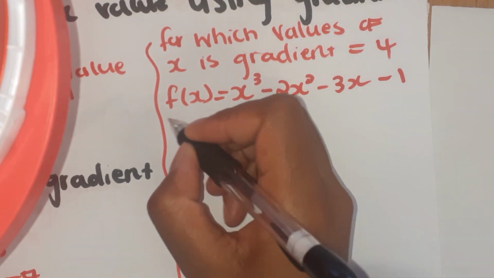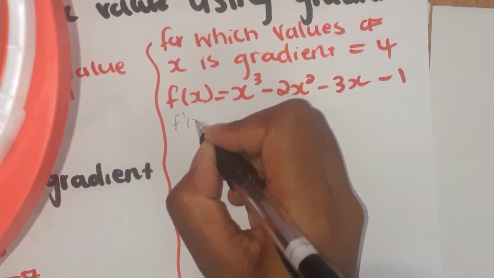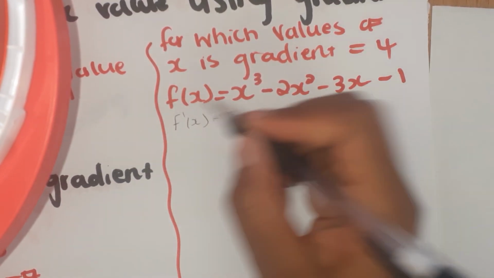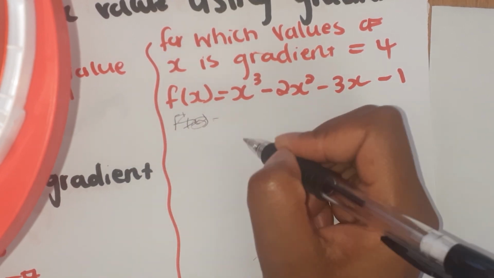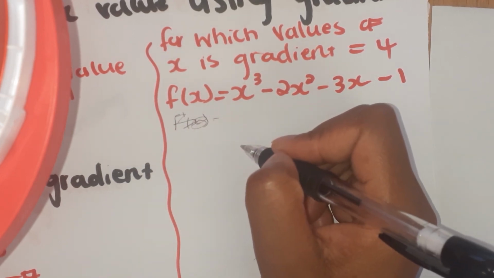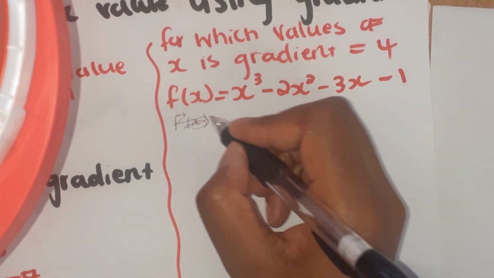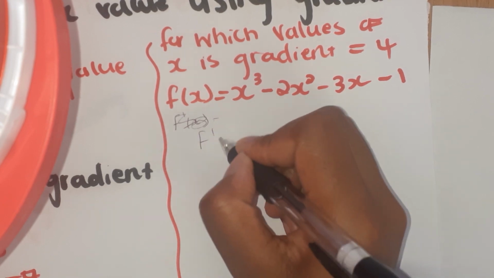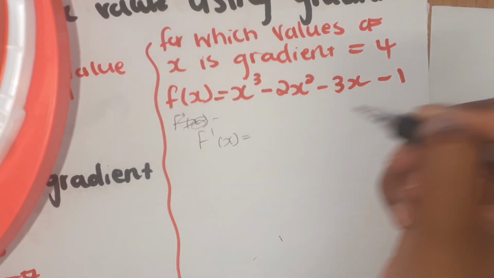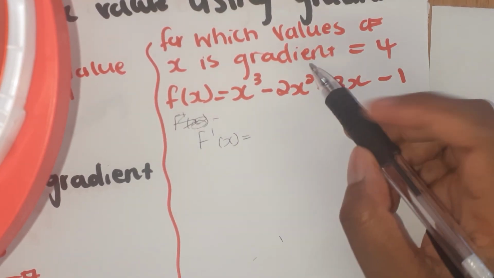Remember, the first step we have to make is to find, oh sorry guys, we haven't derived yet. We are going to say f at x, you have to derive, right?